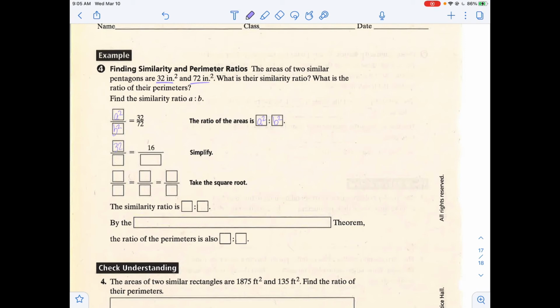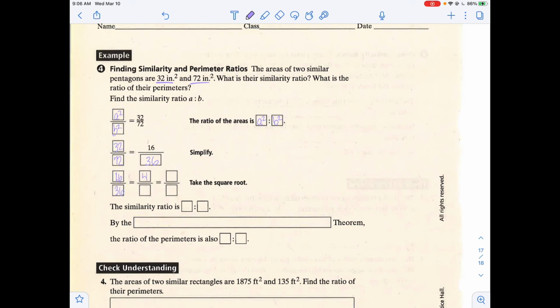Now, we can take 32 over 72 and reduce it, because you can divide both by 2. 32 divided by 2 is 16. 72 divided by 2 is 36. Those are numbers that we actually know the square root of. So that is why we divided by 2. We want to have numbers we can find the square root of. So then, we need to take the square root of 16 and 36.